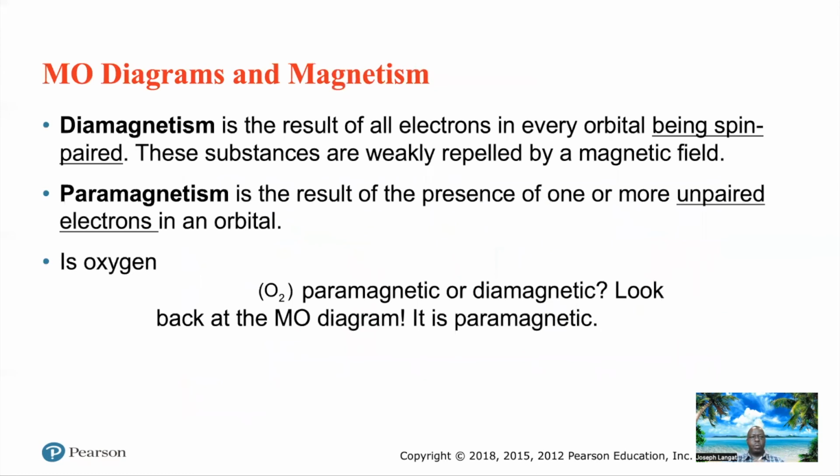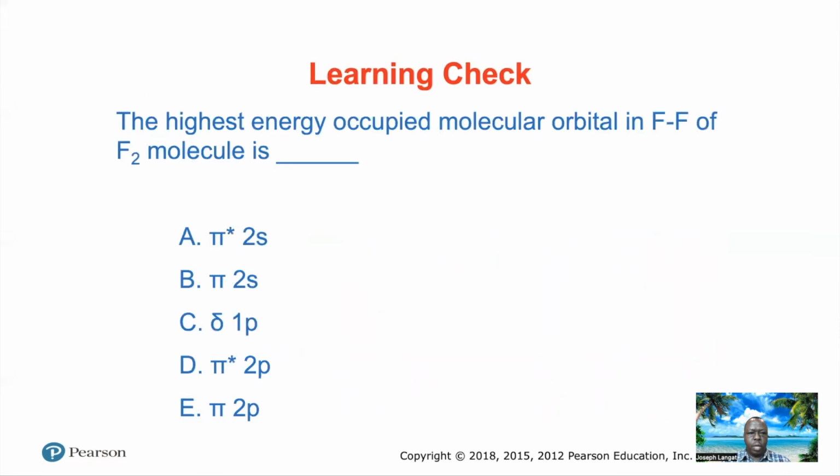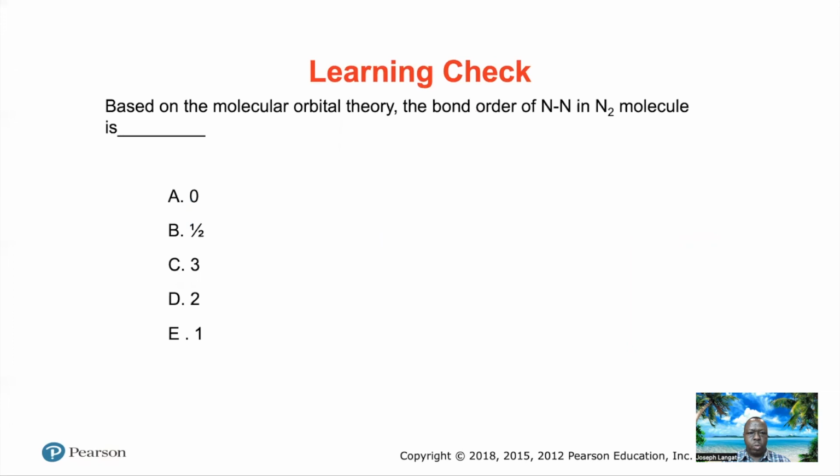Unless you write down the molecular orbital diagram to predict whether it is paramagnetic or diamagnetic, it's going to be hard for you. So draw the molecular orbital diagram to determine which one of the following is paramagnetic. Without really drawing, I'm just going to use this table to show you how to eliminate.